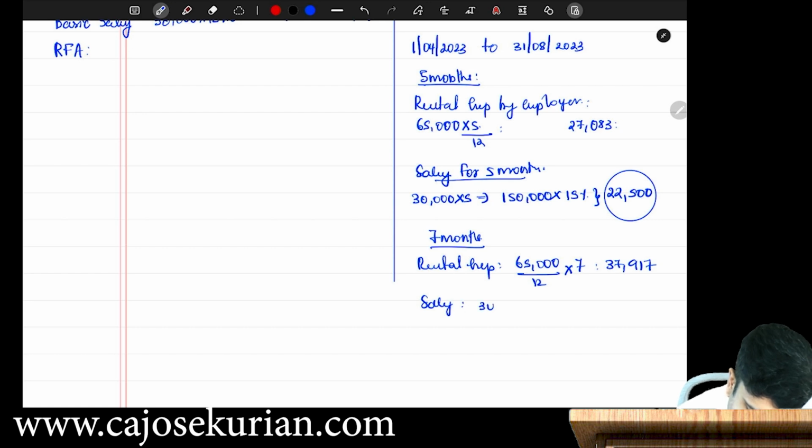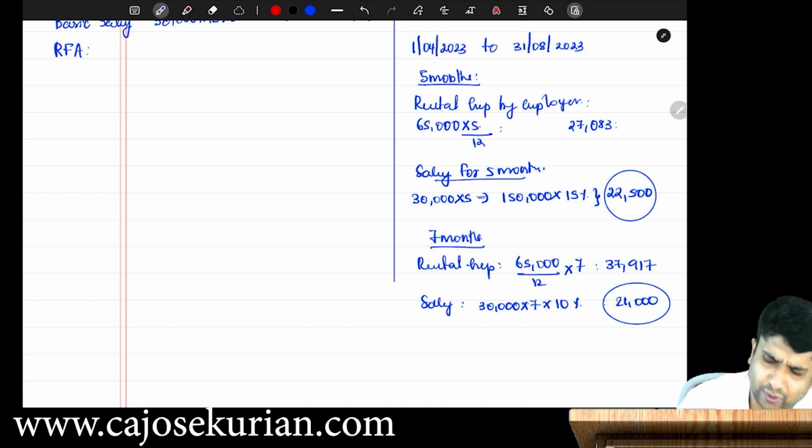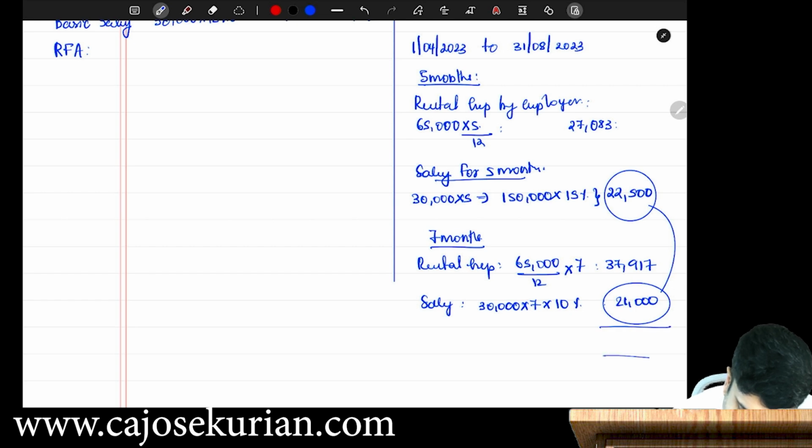Salary will be 30,000 into 7 into 10%. How much is that? 21,000. Whichever is lower means 21,000. You can do it together, no problem. Now, can you tell me how much is the taxable value of perquisite? 43,500 is the taxable value of perquisite.